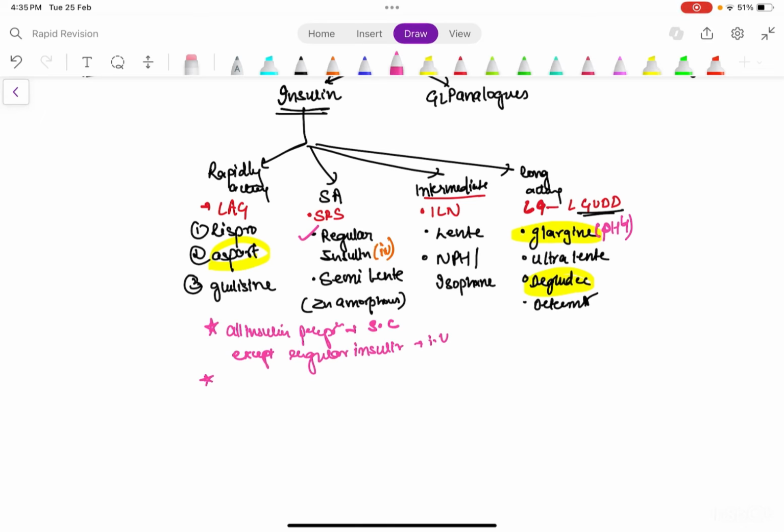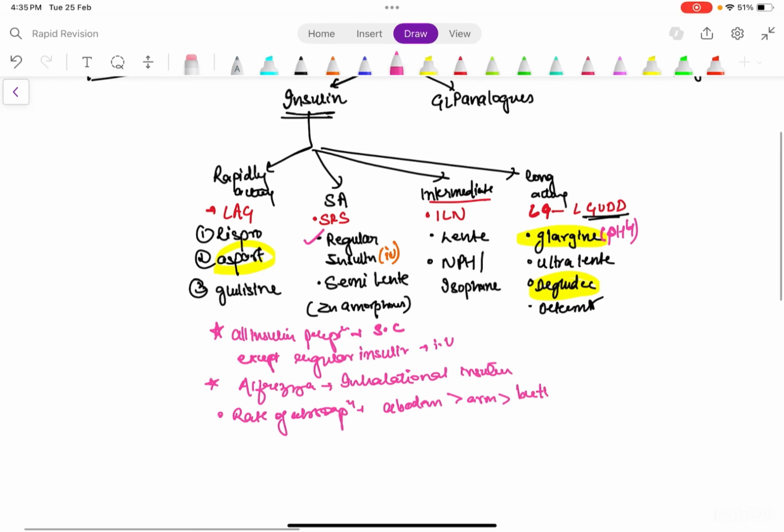Then there is one more, Afrezza, a recent drug, which is the inhalational insulin. Then rate of absorption: it is highest for abdomen, then arm, then buttocks and thigh.